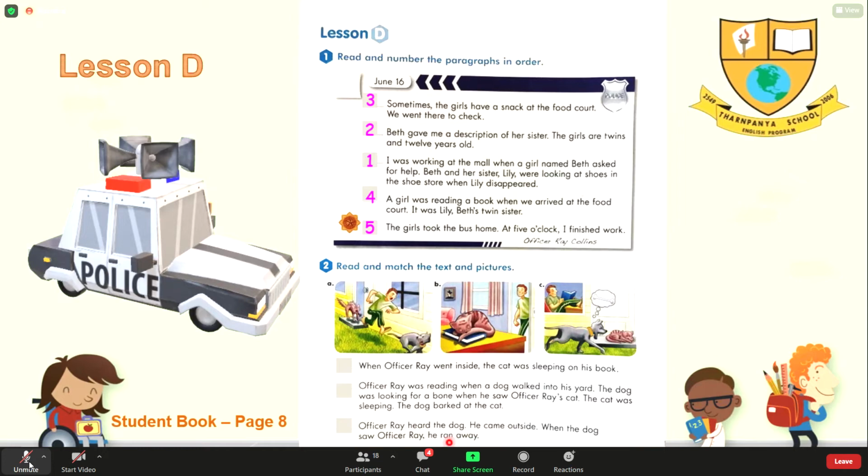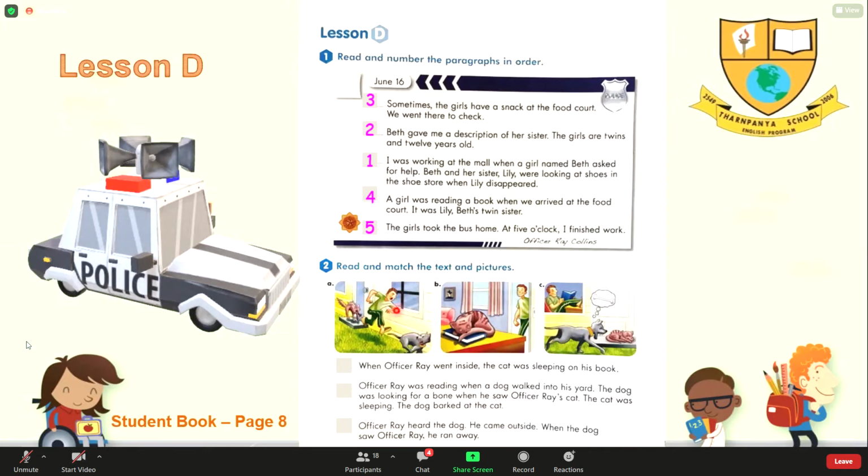So we have three different descriptions and three different pictures over here. So what we need to do is to match the pictures to the descriptions we have over here. So let's take a look at the first one. Who can tell me what's the right description for picture A?